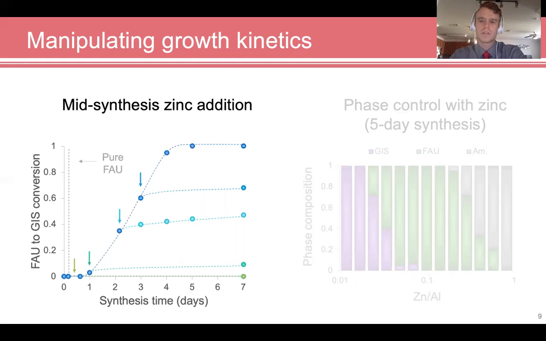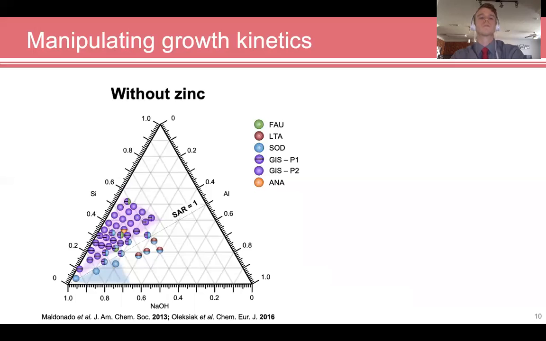So before we get into why this happens, we first wanted to look a little bit more thoroughly at how prevalent this phenomenon is. So my predecessor studied GIS crystallization, and what we have here is a kinetic ternary phase diagram that shows what kinds of growth compositions favor GIS formation.